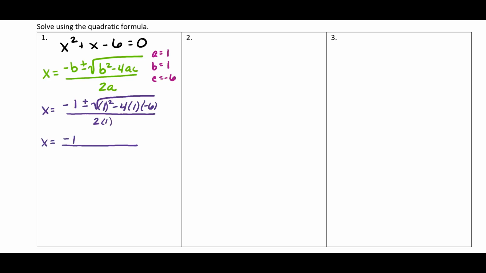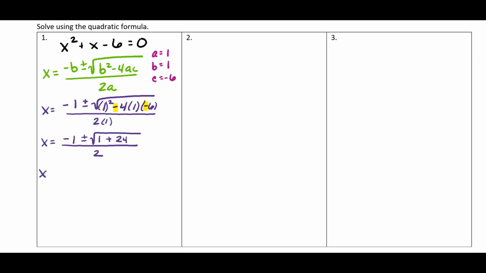So -1 plus or minus, underneath my radical, I'm going to have 1 squared, which is 1. I have a negative and a negative here, so there are 2 negatives, a -4 and a -6, which tells me that this is going to be plus, and then 4 times 1 times 6 is 24. And on the bottom, we're going to do 2 times 1, which is just a 2.